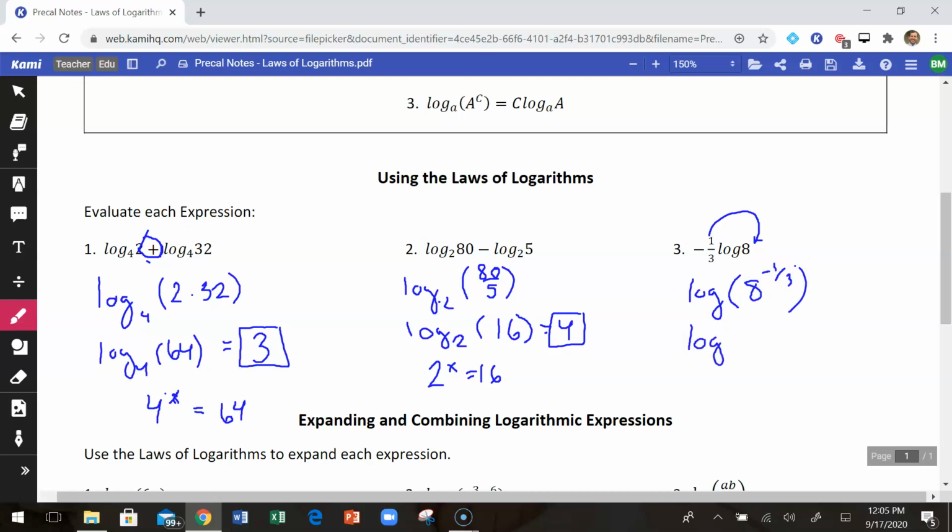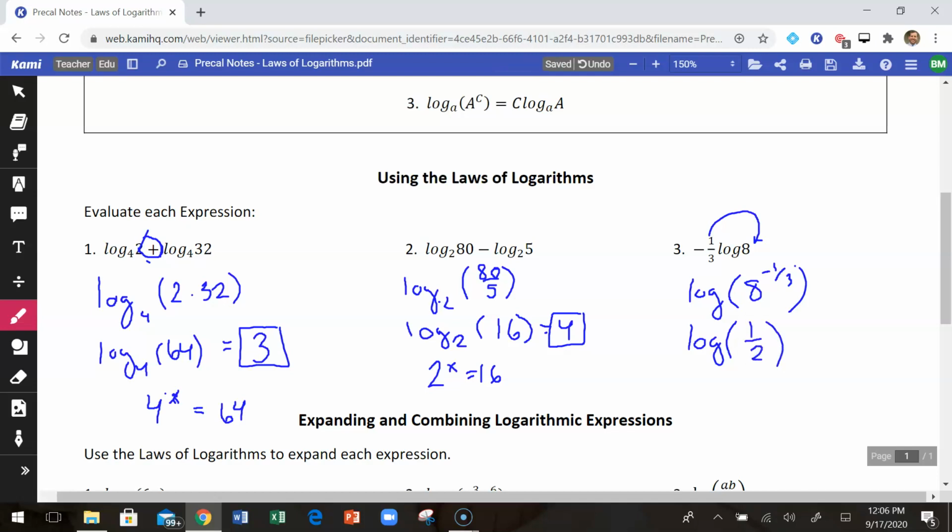So that's going to be log, okay, so 8 to the negative 1/3 power. Well, the 1/3 power means root, cube root. So the cube root of 8 would be 2, but then we're doing negative that, so that means we're going to get 1 over 2, right?